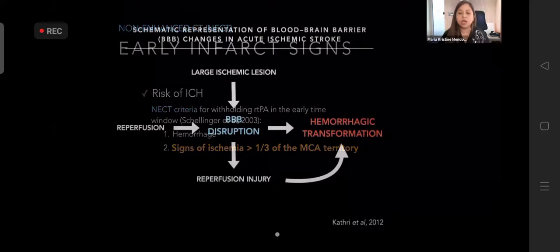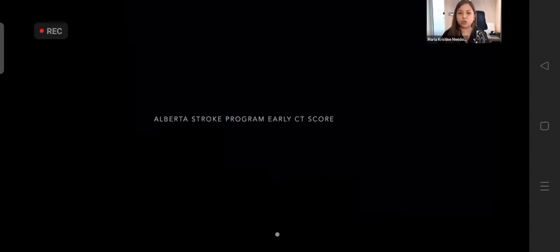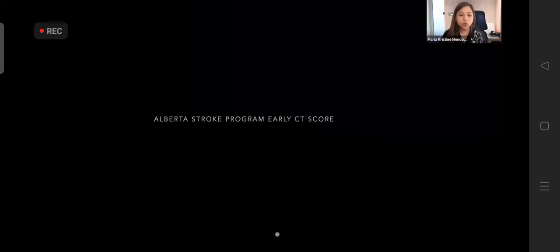This is because when there is a large ischemic lesion, there would be insult to the vasculature, and once this injured vasculature is reperfused, there would be disruption of the blood-brain barrier that may lead to hemorrhagic transformation in what we call reperfusion injury.